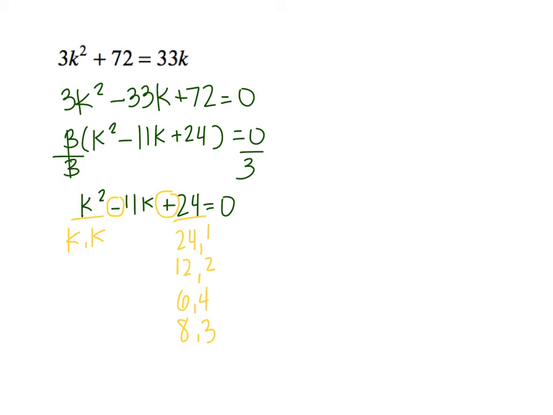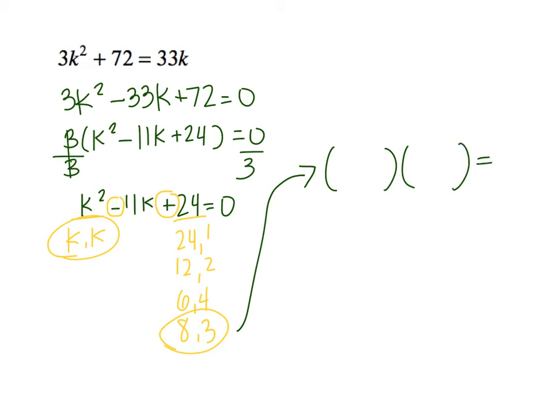Close? No. 8 plus 3 is 11. So I'm actually going to use 8 plus 3 and k. So moving over here, you can say that k, both negative, right? Minus 8, k minus 3.